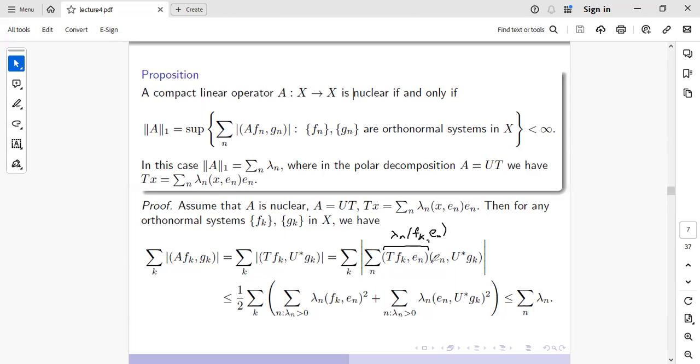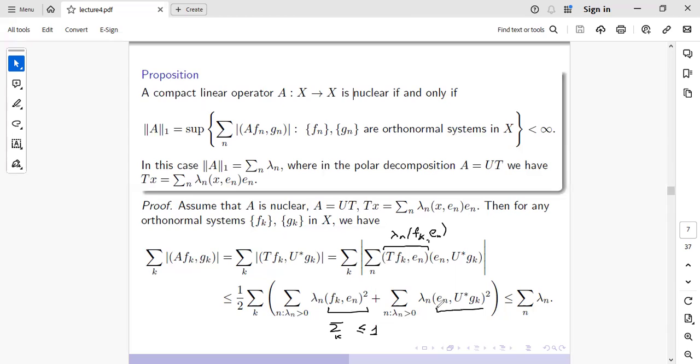Now estimate these products as 1/2 of the sum of squares. And now if we take the sum in k, this will be less than the norm of e_n squared. Okay, so the sum will be less or equal to 1.